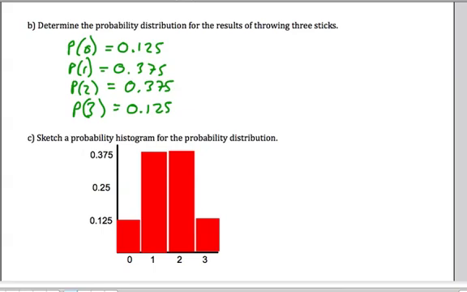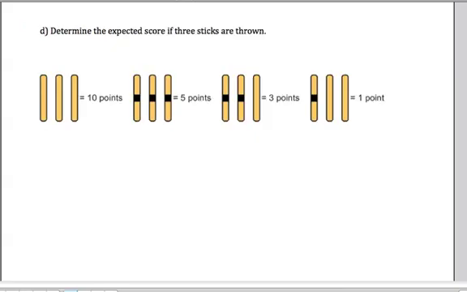Now lastly, the expected score here is going to be calculated by figuring out the probability of each. So the expected score will be equal to, well, first of all, we would score 10 points if we got 3 no stripes. And there is a 1 out of 8 chance of that occurring.